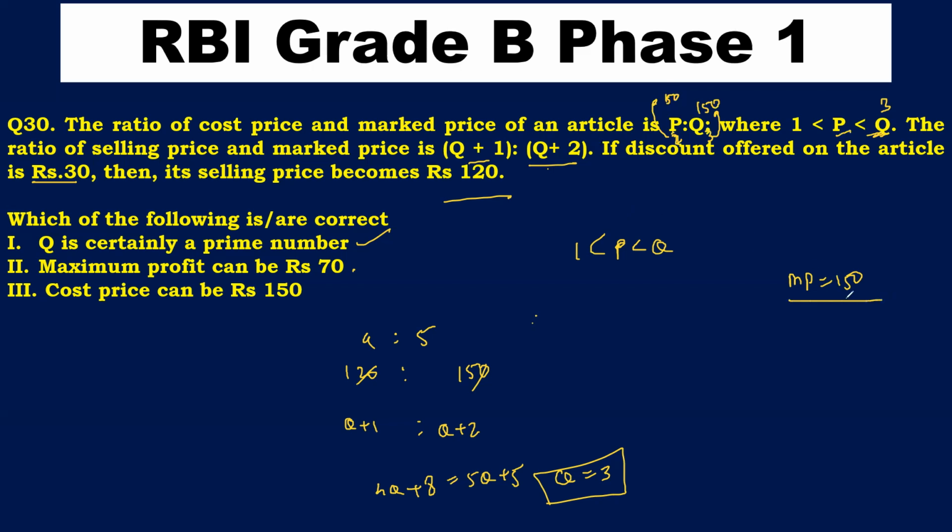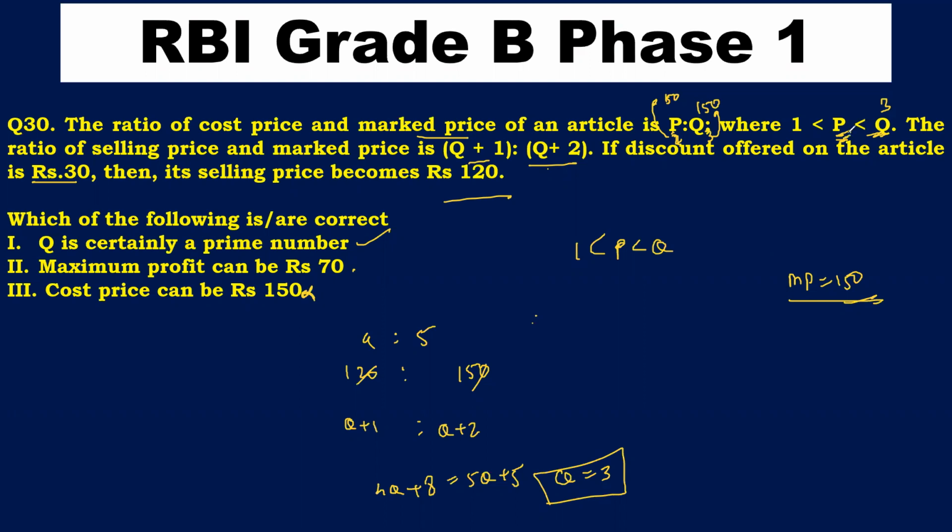So if mark price is 150, you know the P has to be less than Q. So if Q is the mark price, 150, the cost price has to be less than 150, so it cannot be 150.